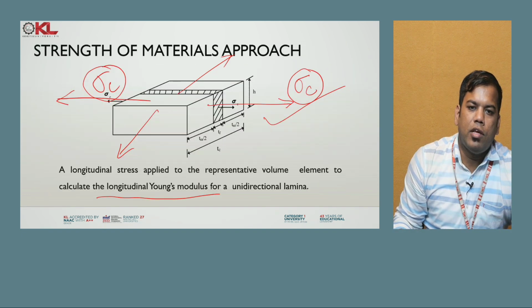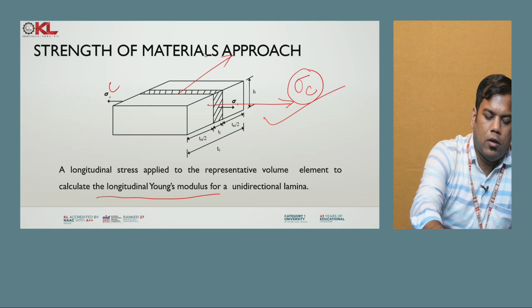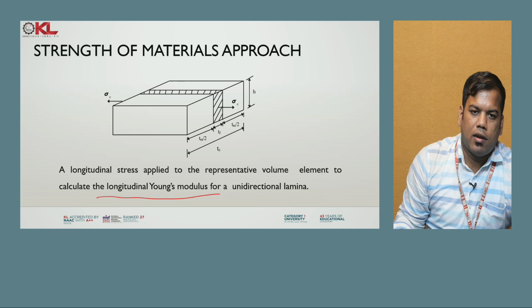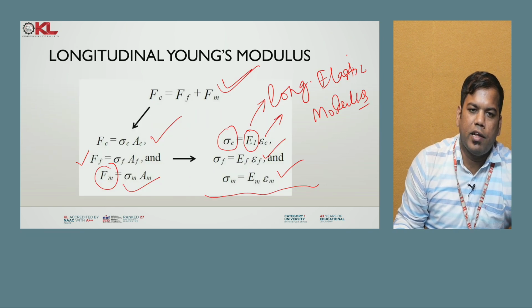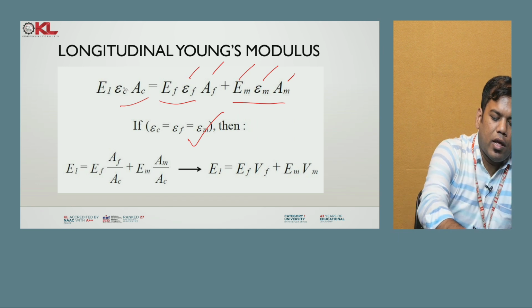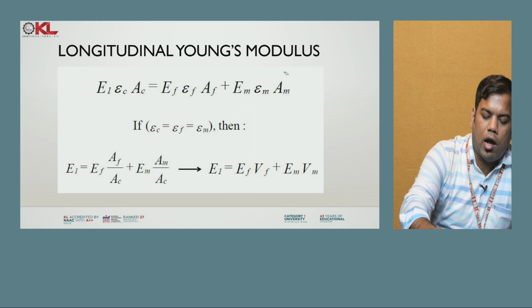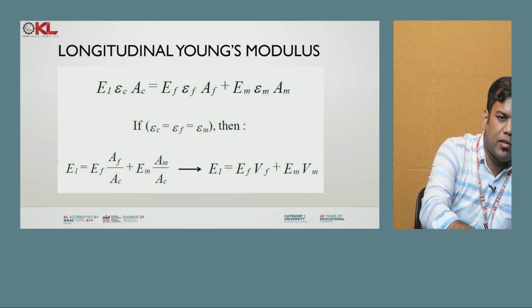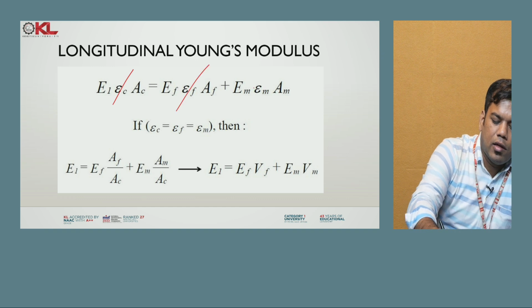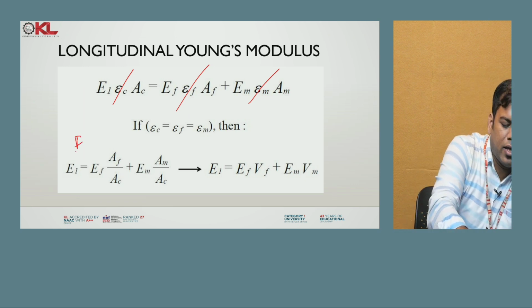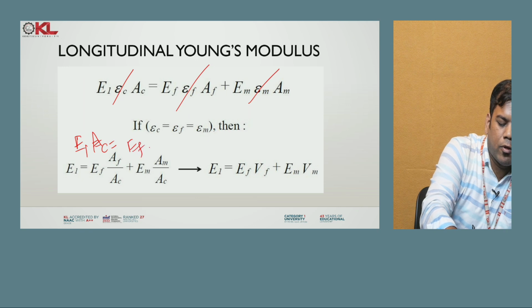In this longitudinal case, as you see in the figure, to keep the matrix stable, the strain applied on the fiber will be equal to the strain on the matrix and on the composite. So epsilon cancels in all these terms, and E1 Ac will be Ef Af plus Em Am.